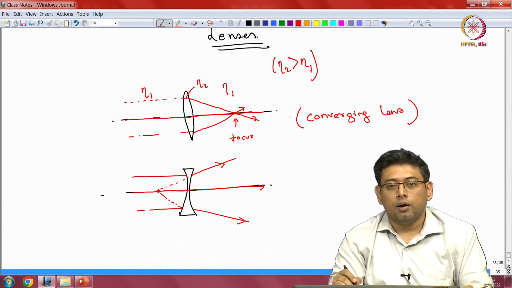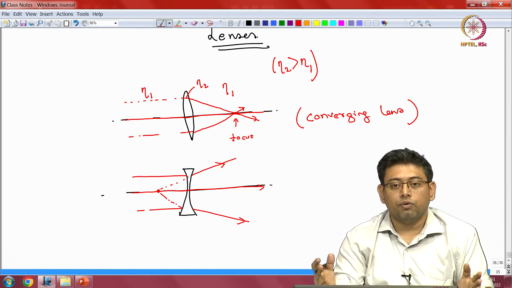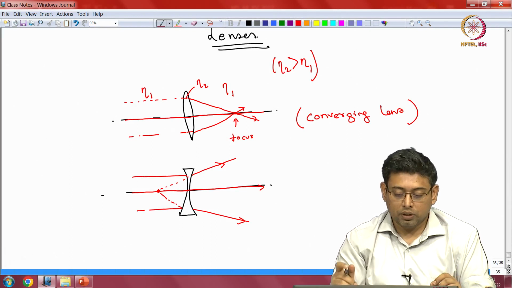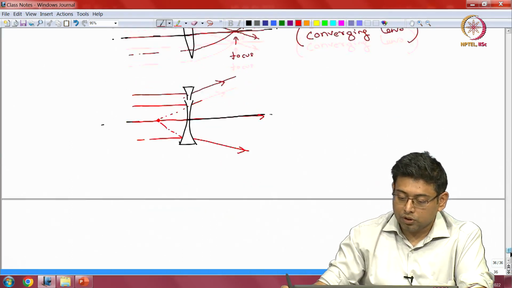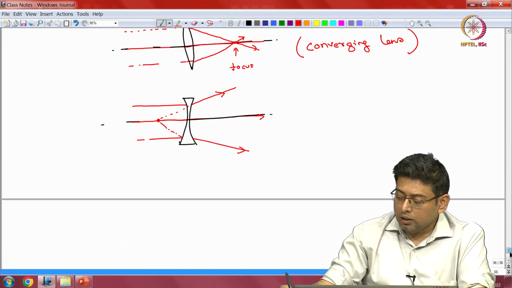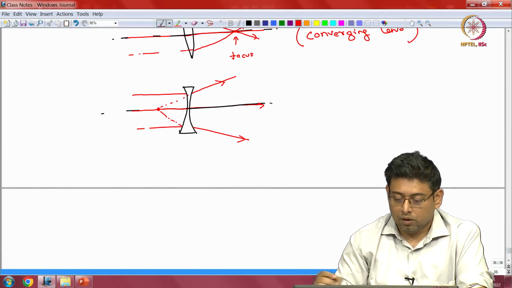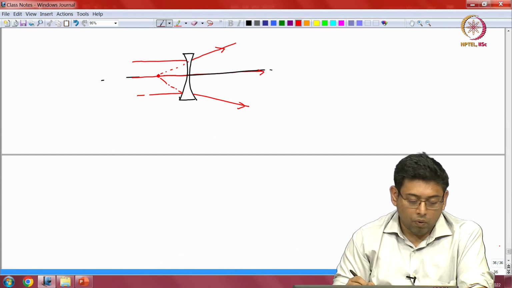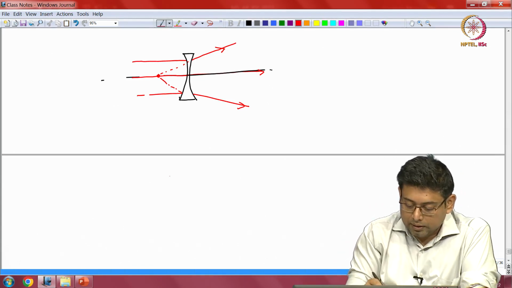Obviously in a realistic scenario, what we have today are a set of many different lenses put together, and when you change the lenses with respect to each other, the overall properties of the optical system also change. But all these can usually be understood with respect to these simple elements of the converging and the diverging types of lenses. There is one important type of lens that you will also encounter called cylindrical lenses.